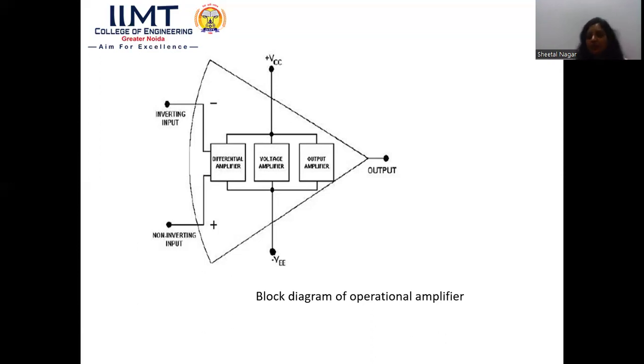Means in the detail of the block diagram, we have three amplifiers in our operational amplifier. The first one is the differential amplifier, the second one is the voltage amplifier, and the third one is the output amplifier. We divide the amplification process into these three stages.